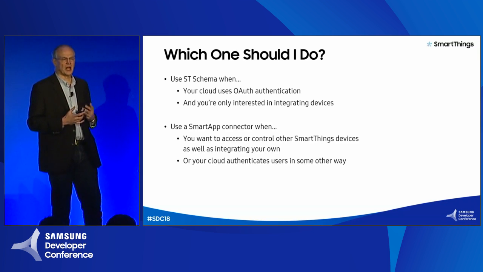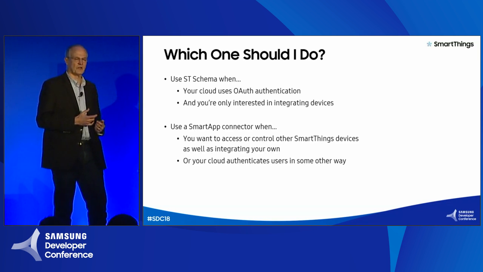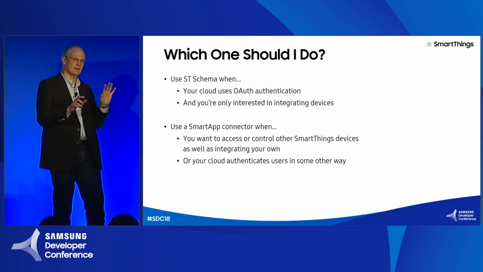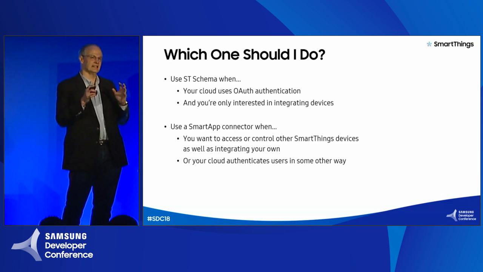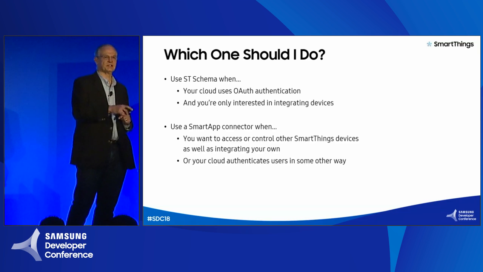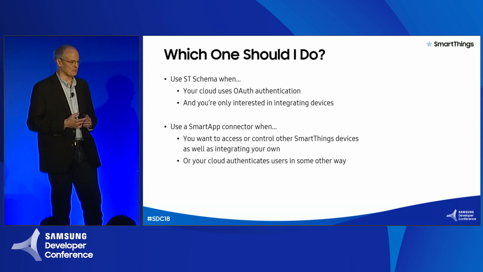It's a climate weather app, but you also want that app to build a virtual weather station device and install that in the SmartThings location. So if you have an app that wants to do those two kinds of things, that's the typical use case where you'd still want to build the SmartThings connector app that we described last year, and is still very much supported in the Dev Workspace.